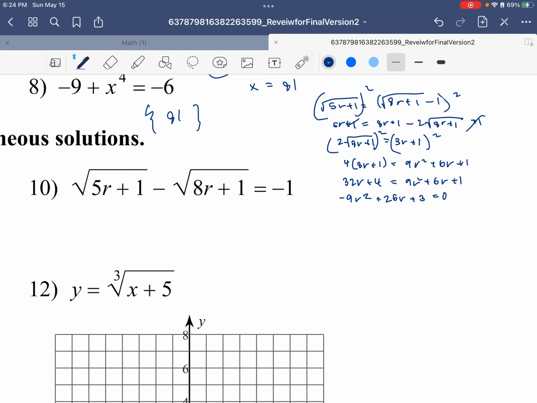Set it equal to 0. And now we're gonna want to factor this out, so let's see. I'm just gonna make 9r positive.